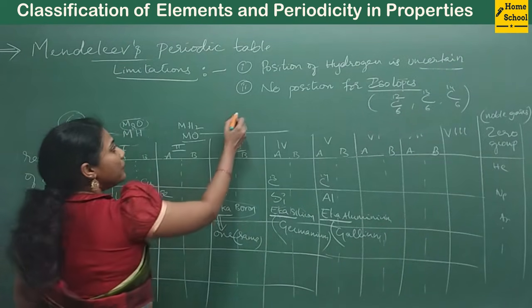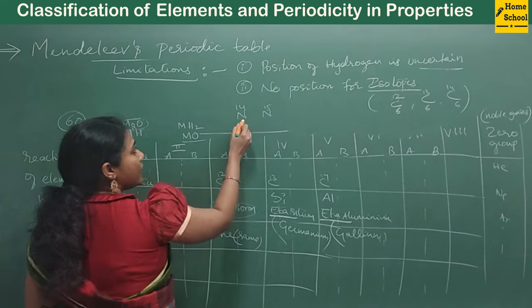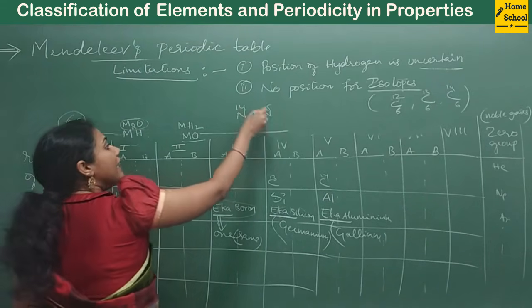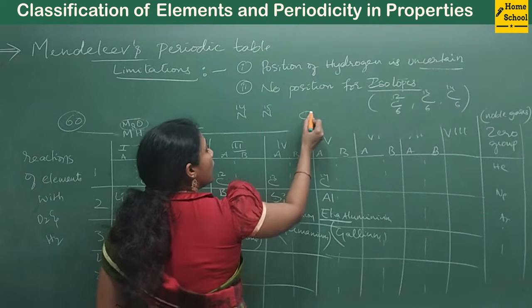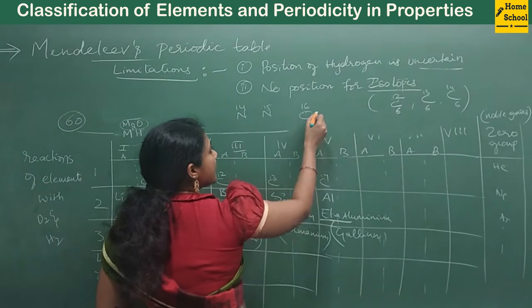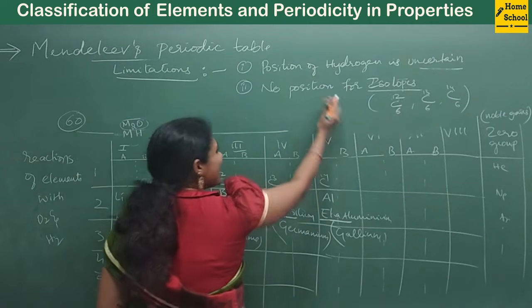If you come to nitrogen, nitrogen-14 is there, nitrogen-15 is there, nitrogen with atomic mass 14, nitrogen with atomic mass 15. If you come to oxygen, oxygen-16 is there, oxygen-18 is there, right? So every element has isotopes.